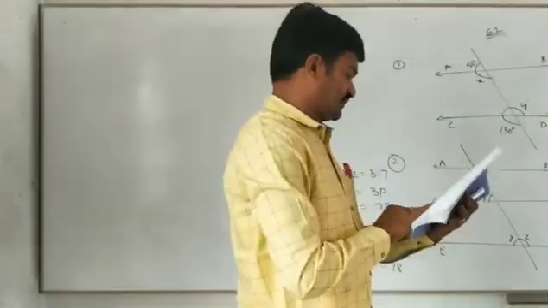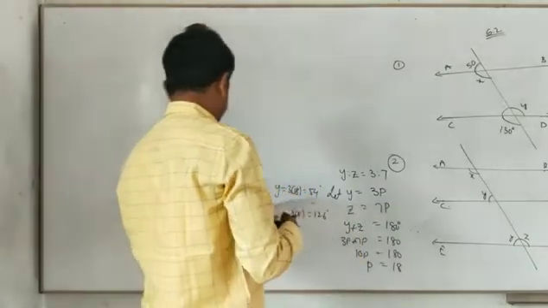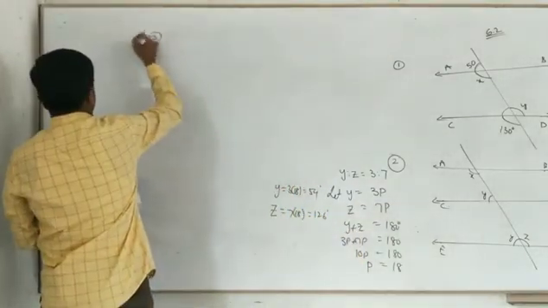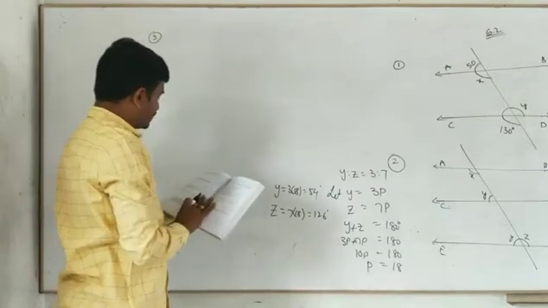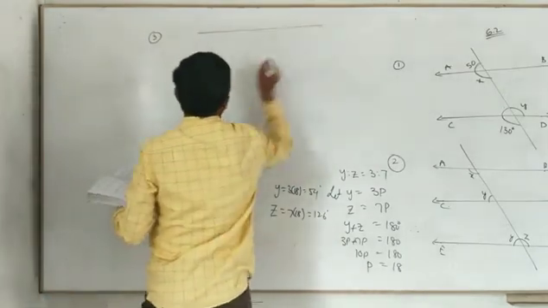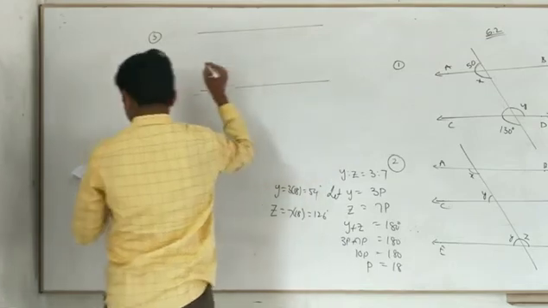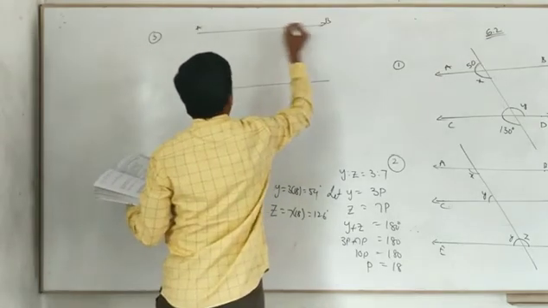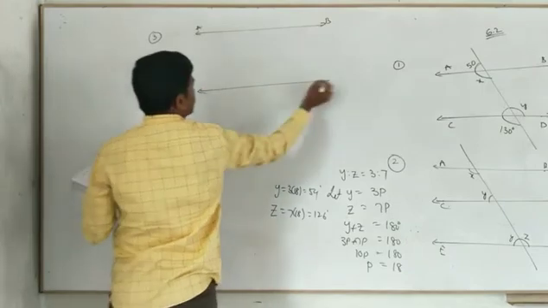Now the third problem, see all of you. AB is parallel to CD, is given. These two lines are parallel. This is A, B, parallel to CD.